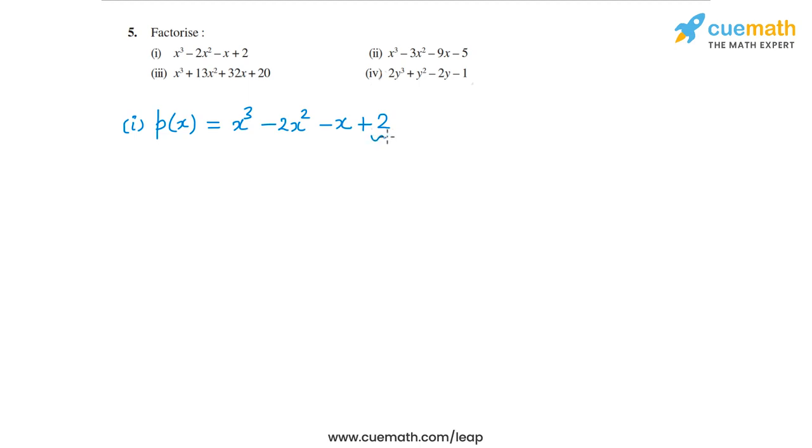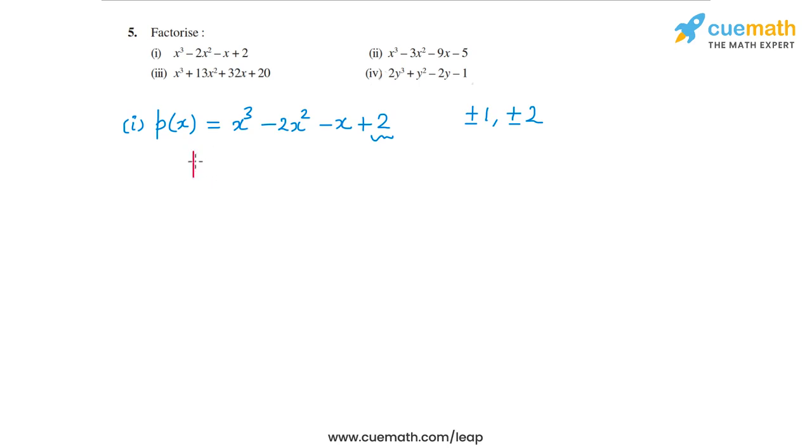Well, look at the constant term 2, and this tells us that we should try substituting plus minus 1 or plus minus 2 into the polynomial to find out possible factors of the polynomial. And if you're not clear about this, you can go to the relevant part of the NCERT textbook where this is described quite nicely.